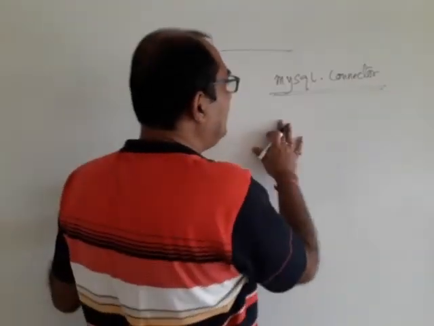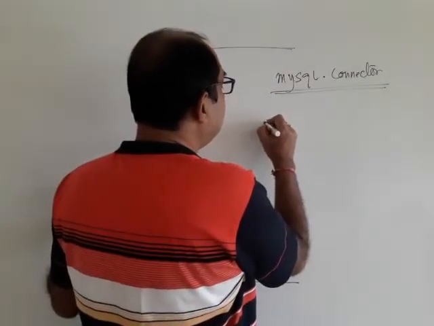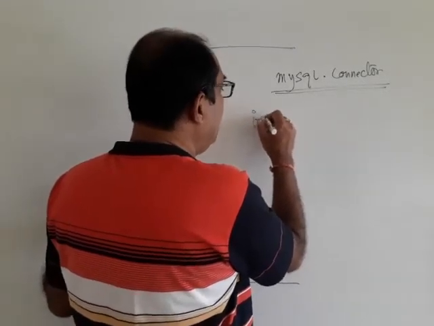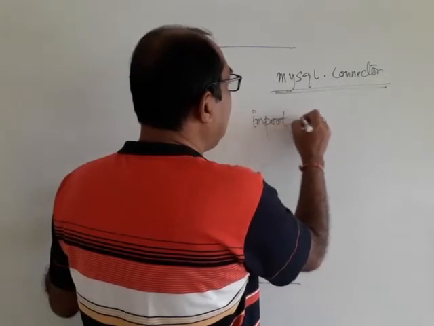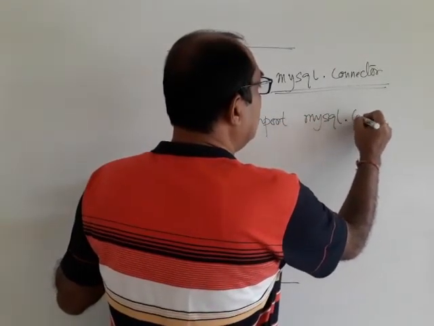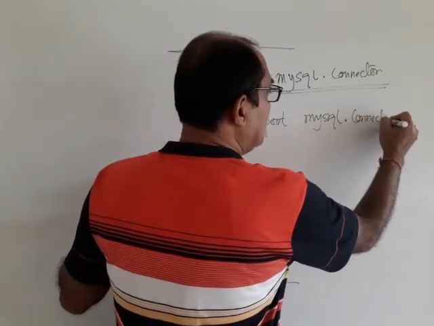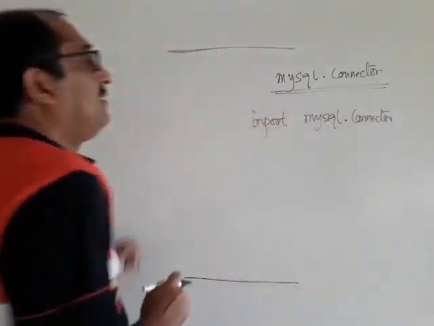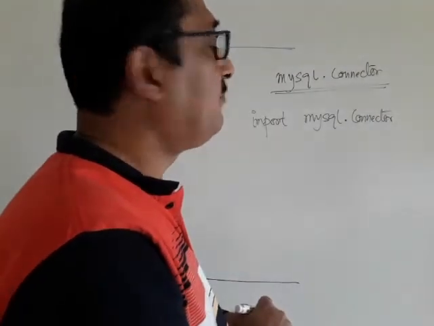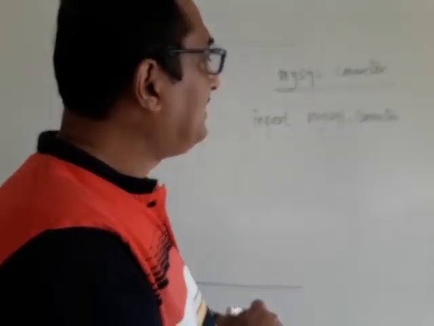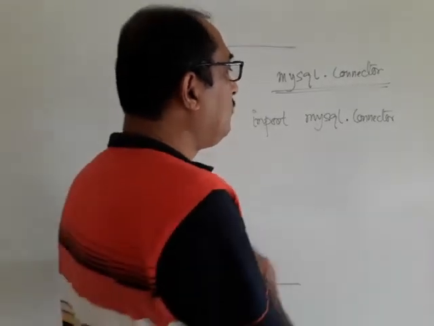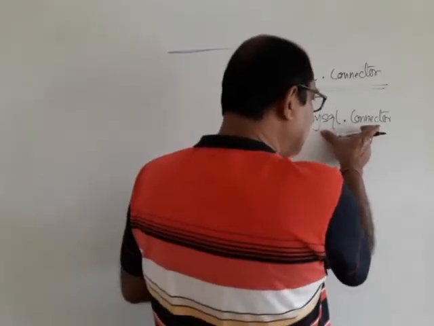After you install this, you have to write an import statement as usual, and there you write import mysql.connector. All are small letters, obviously. This is how you import the package. But there is one more facility.